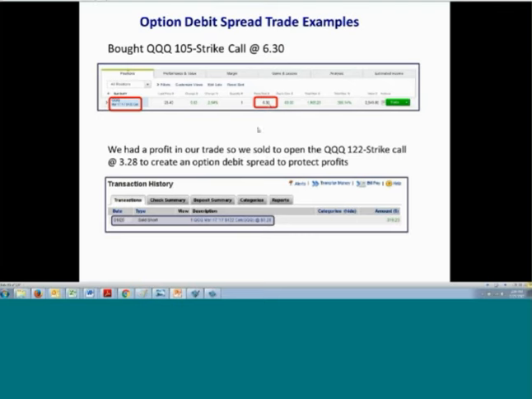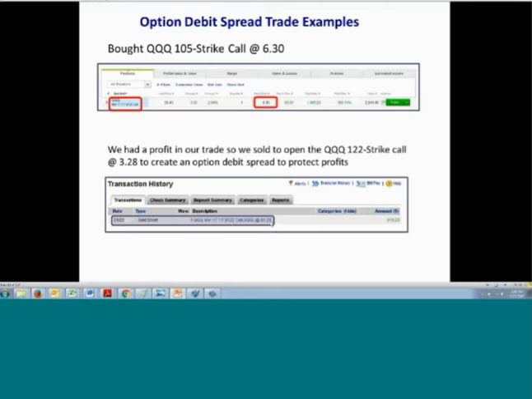We have a profit in that trade, so at a later date, we sold to open the QQQ 122 strike call at 3:28. So again, bought the 105 call at 6:30. We had a 30% or higher profit, and we sold the 122 strike call at 3:28.